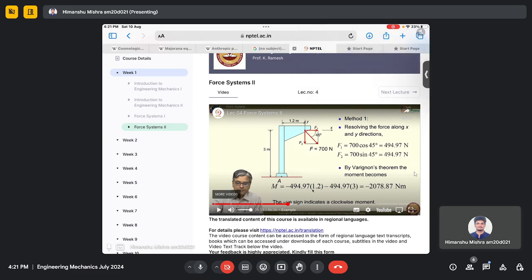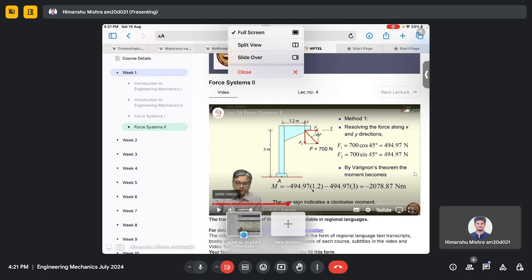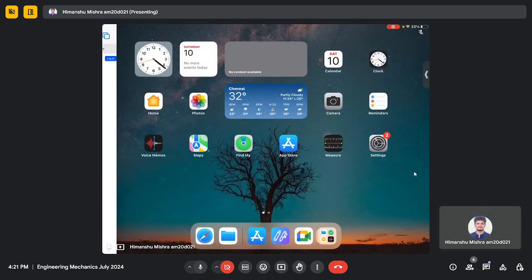But when we go for Fy, it is in the minus direction, and this distance 3 is also in the minus direction. Intuitively we can say the direction is like this, but if we go only by Varignon's theorem mathematically, then the second quantity will come out positive, because the Fy component is in the negative direction and this distance 3 is also negative. I'm just trying to solve it only mathematically.